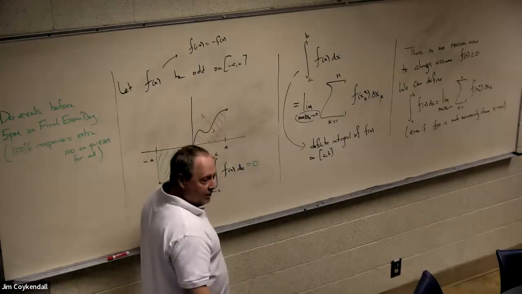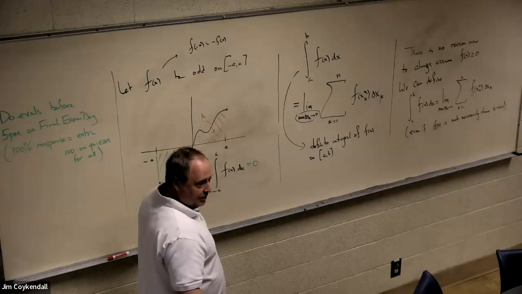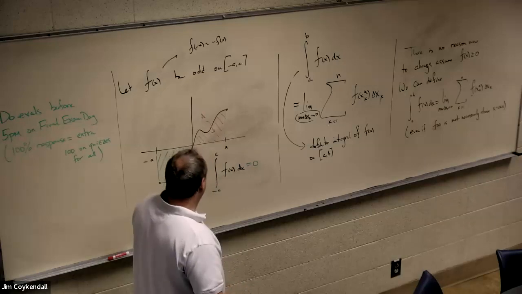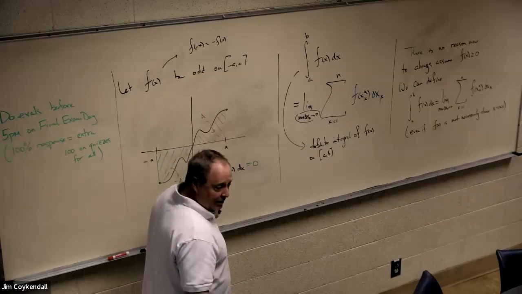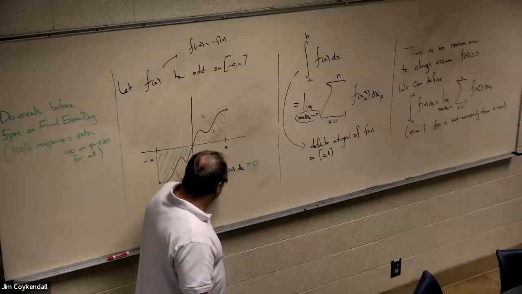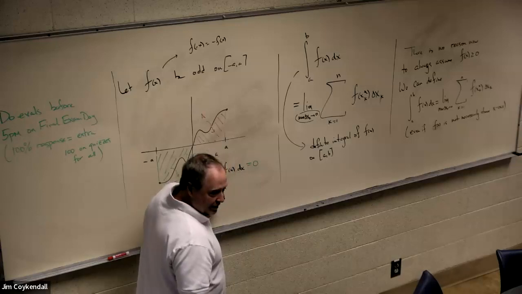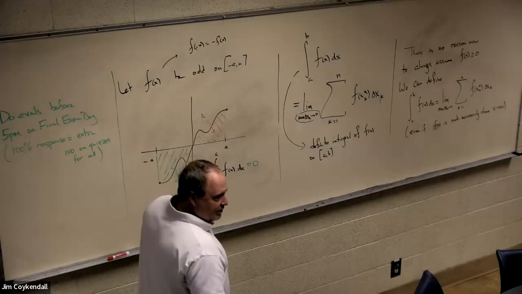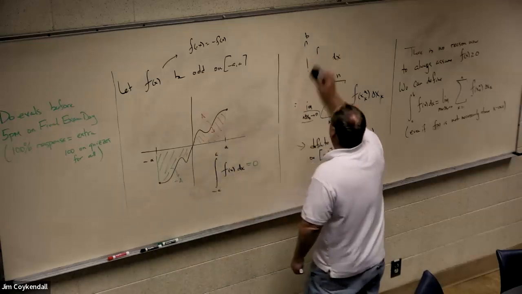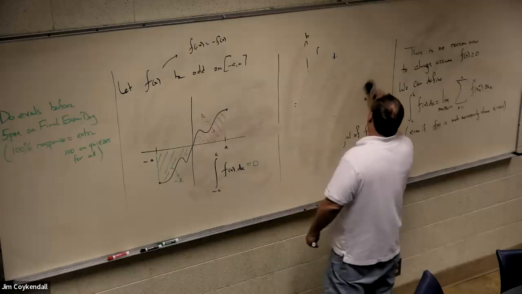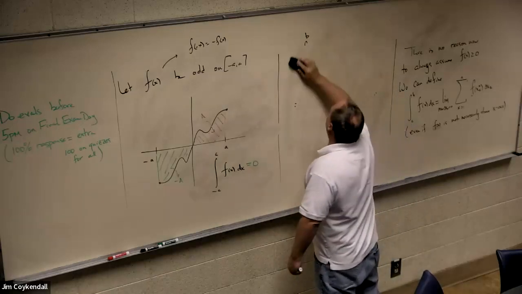So this should be 0. Those who get the cancellation. I'm going to highlight this later, but basically if you have an odd function on a symmetric interval, notice that the a and minus a, the number here is the same, then you always get 0. The positive area and the same size negative area cancel out.